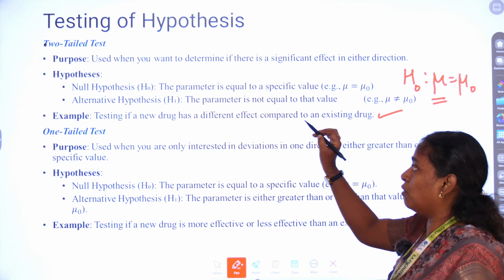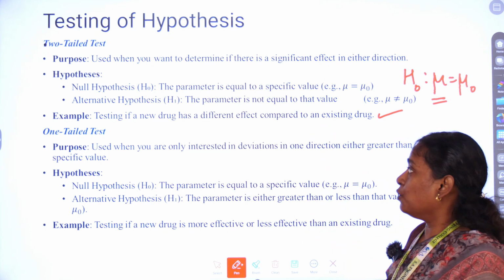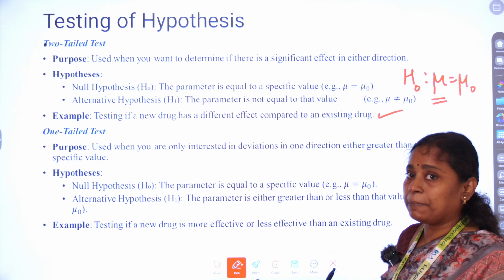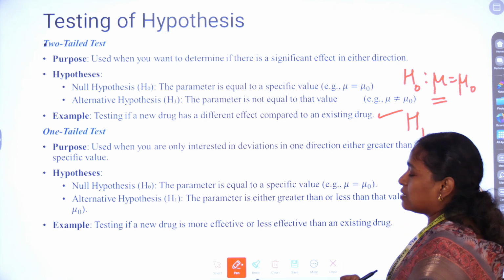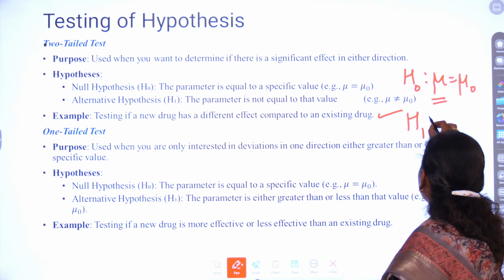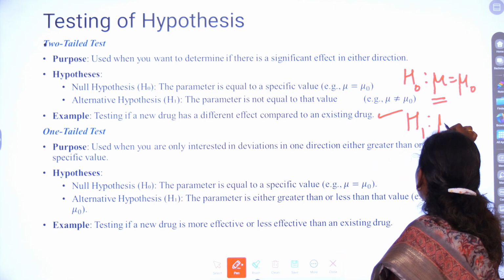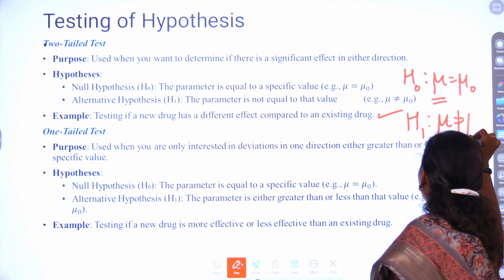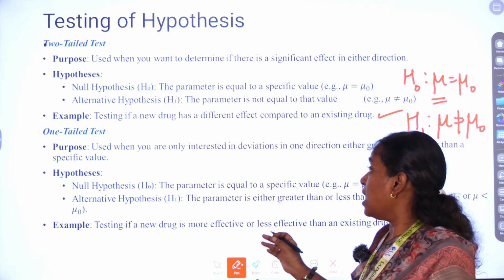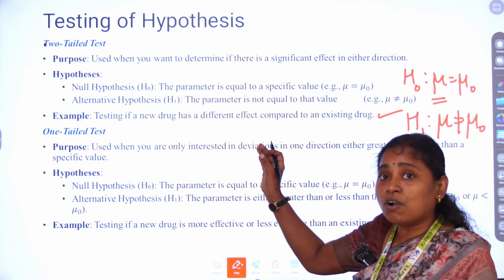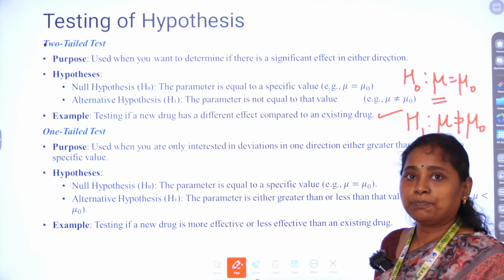So this is the meaning of null hypothesis. Now next, what should be your alternative hypothesis? Alternative hypothesis, we know that it is represented by H1, and in alternative hypothesis we should have mu not equal to mu0. Okay, so what is the meaning of this? The parameter is not equal to a specific value, right?